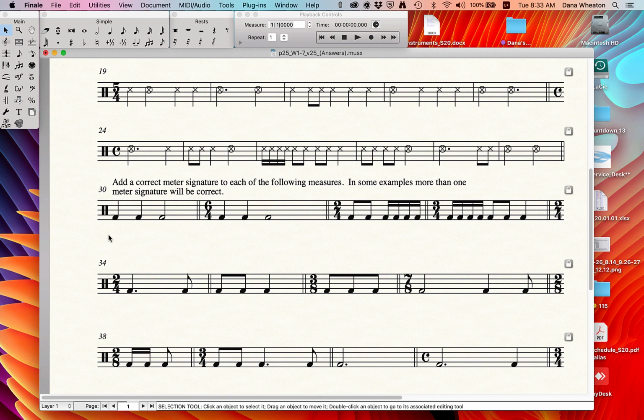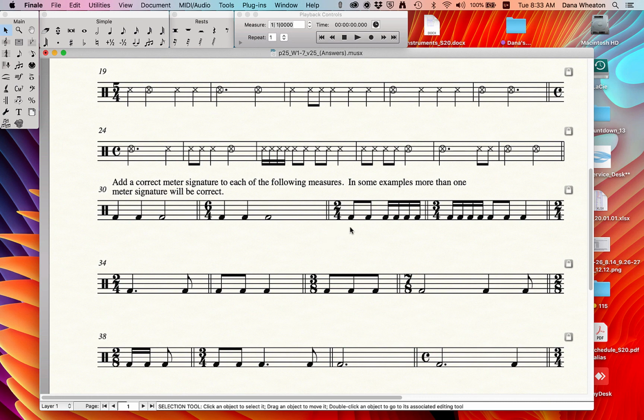Drummers are unique. Now, it does say more than one answer, and I'll try to give you several answers when there are multiple answers. All right, this one, there aren't typically multiple answers. That's 2 beats there and 4 beats there, has to be 6/4.